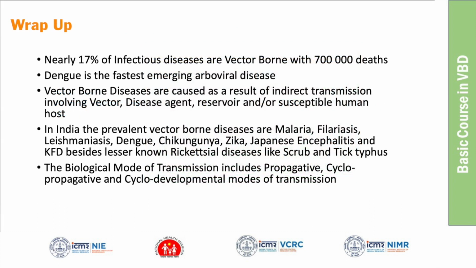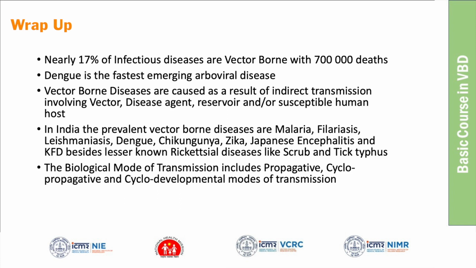So to wrap up today's lecture, what we learned is that about 17% of infectious diseases are vector-borne, with 700,000 deaths annually in the world. Of course, many vector-borne disease-related deaths are also reported in our country.